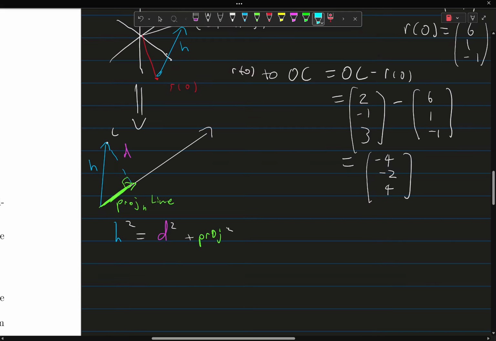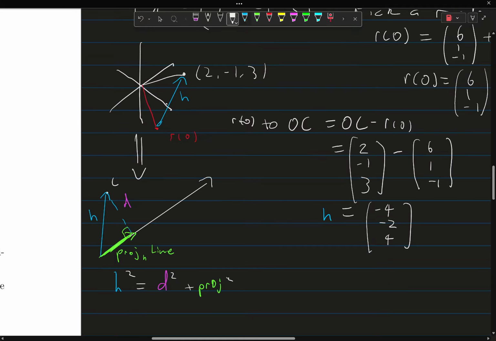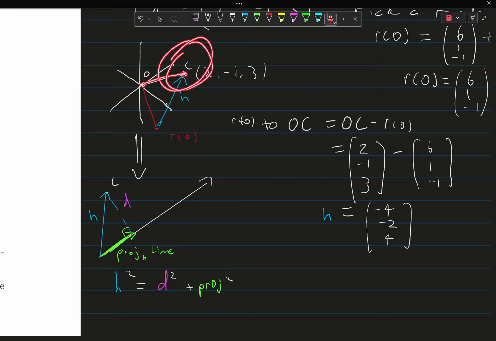So with our numbers, we have h equals -4, -2, 4. OC isn't a point on the line. OC is the position vector of the center from the origin. So we go from the origin to the center, and that's where the circle is. Let's say the line is here.